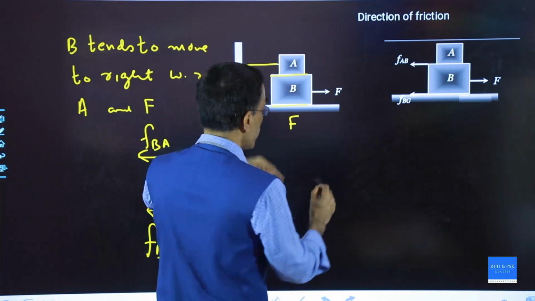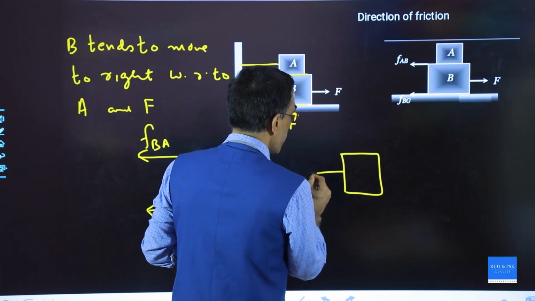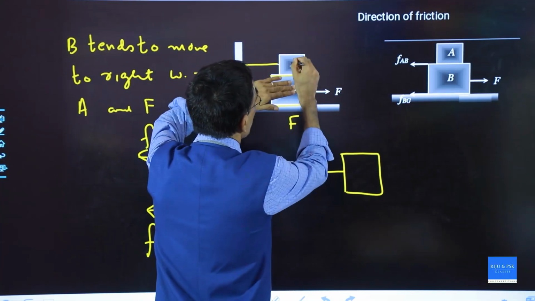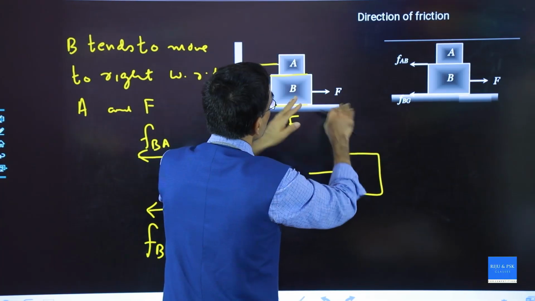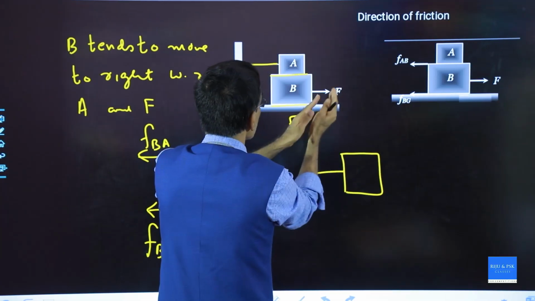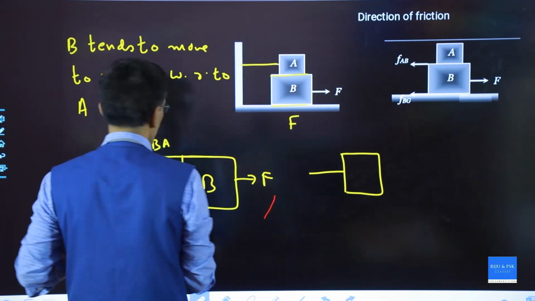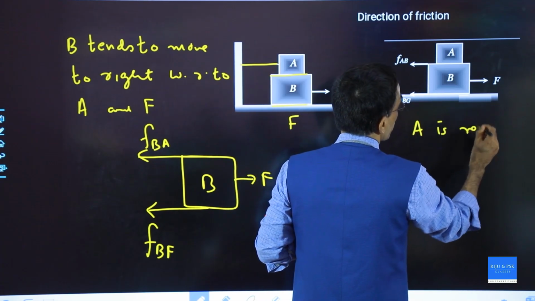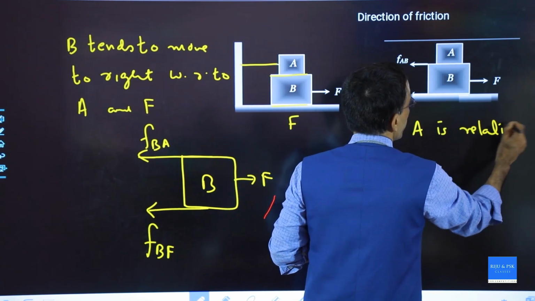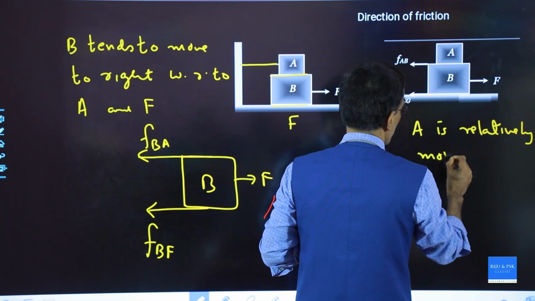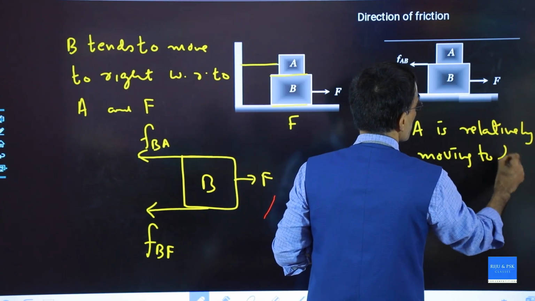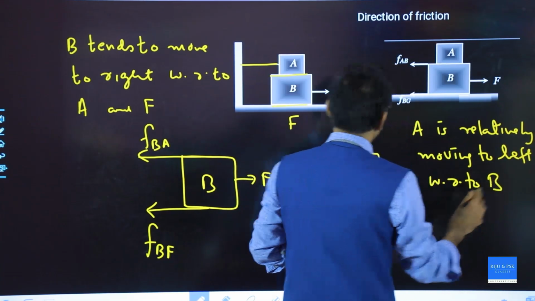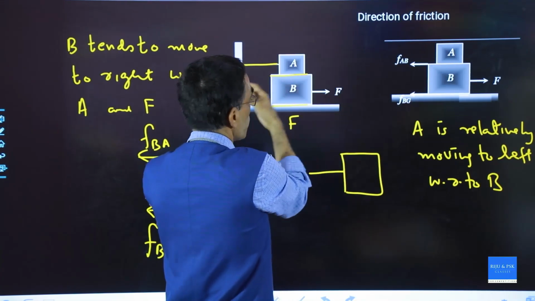What about the body A? Body A has a contact only with the body B. And you see, B moves to the right with respect to A. So A is moving to the left with respect to B. Okay, so I can write here A is relatively moving to left with respect to B, because B is moving right, so A is trying to move to the left.